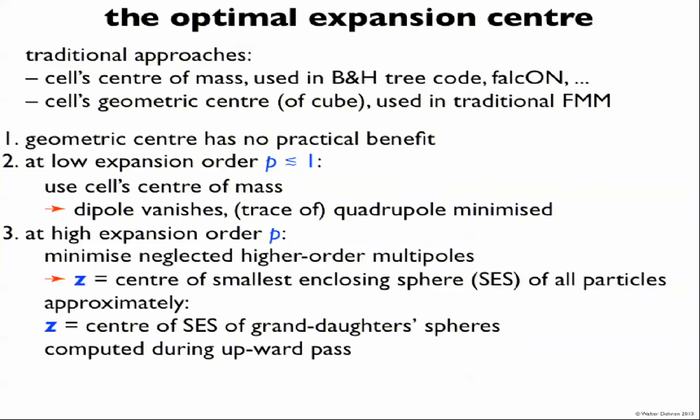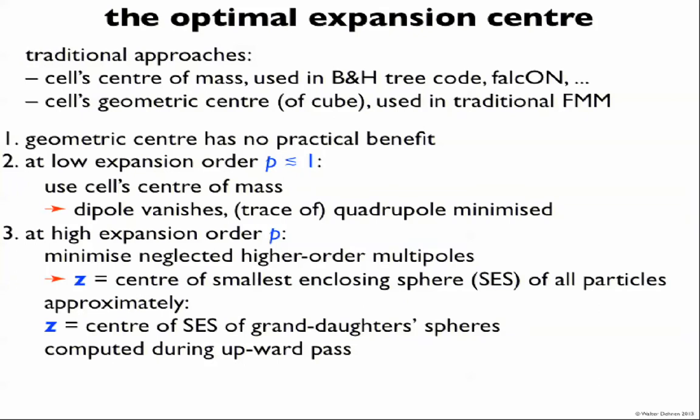And the power in these poles scales like the radius of a sphere that you can draw right at the expansion center and contains all particles, to the power p. Now, if p goes to infinity, this essentially means you want to minimize that radius. So an obvious choice is the center of the smallest enclosing sphere, SES, of all particles in the cell. Computing that already takes n log n, so we don't want to do that because we have an O(N) code.